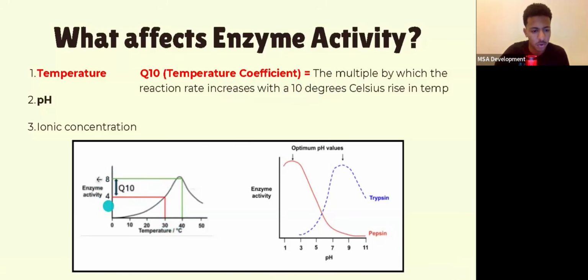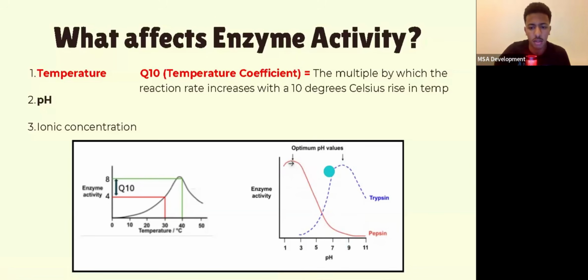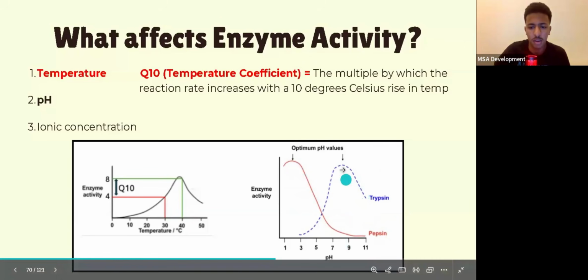So the first one was 4, this one was 8, it doubled, and so the Q10 or the temperature coefficient is 2 because it's the multiple. Okay? And then let's look at this enzyme activity over pH graph. And we can see two different enzymes. They have two different optimum pH values, and they denature when the pH values are extremely away from their optimum values. Okay?